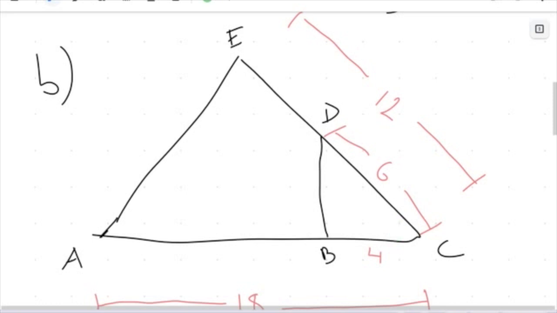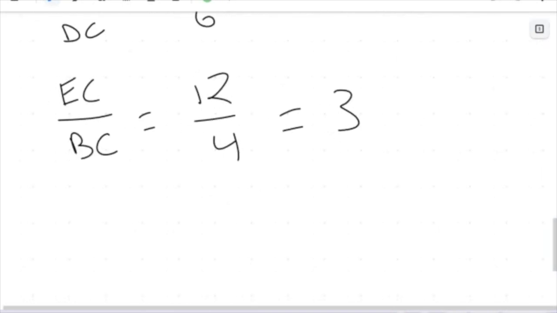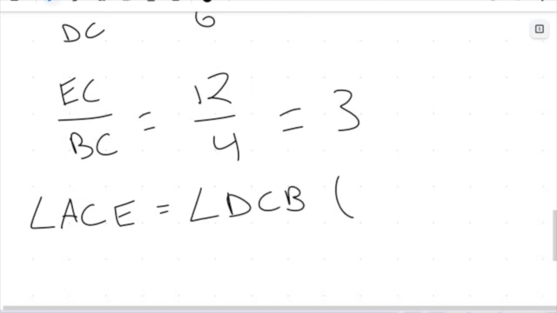So I can say that it is common. I'm going to write here for my final bit of reasoning that angle ACE equals angle DCB, and I can just write that it is common. This is a common angle.